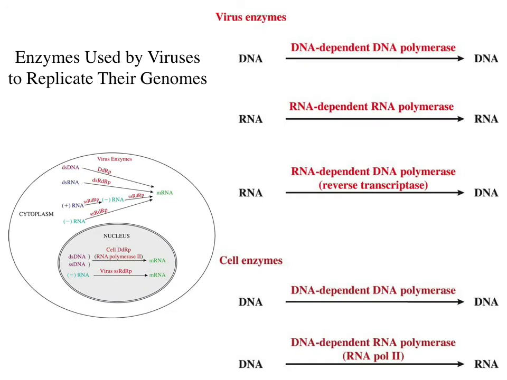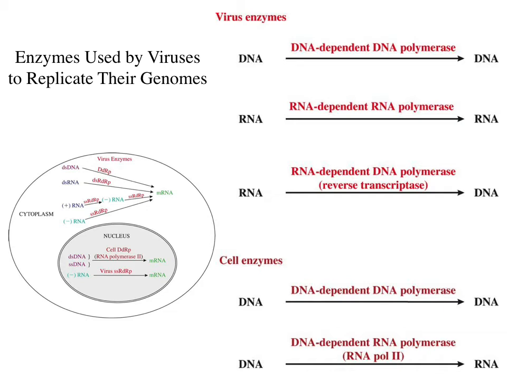The key enzymes used in virus genome replication are DNA polymerases and RNA polymerases. Many viruses encode their own polymerase, but some use a host cell enzyme. A DNA virus requires a DNA-dependent DNA polymerase, in other words, a polymerase that makes DNA from DNA.